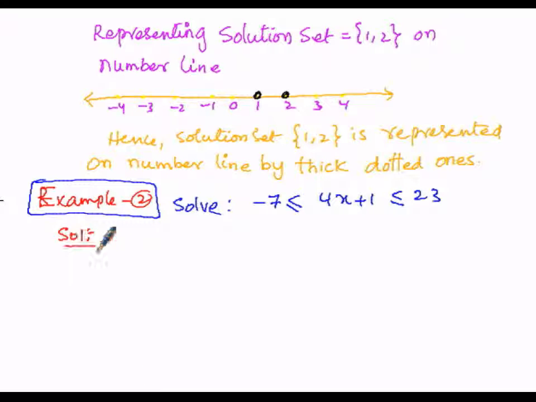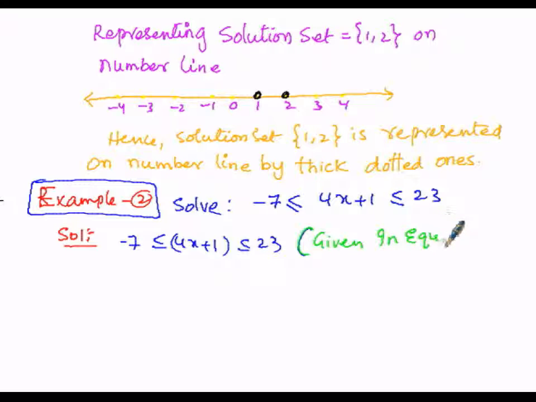So, to solve the linear inequation, which is -7 less than or equal to 4x plus 1 less than or equal to 23, the given inequality or the given inequation, first of all, we have to make x the subject, or make the x coefficient 1.